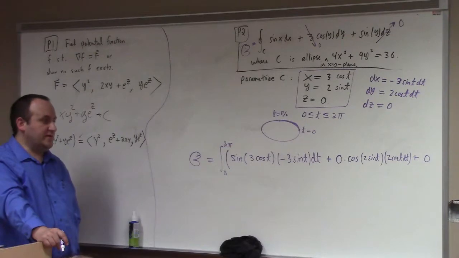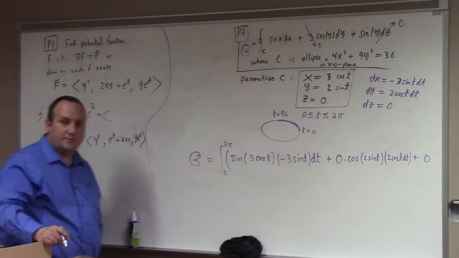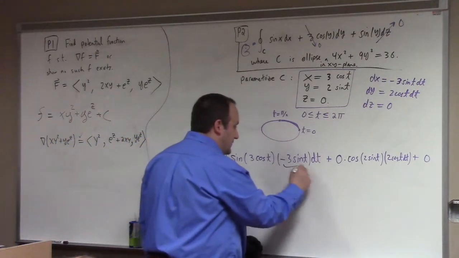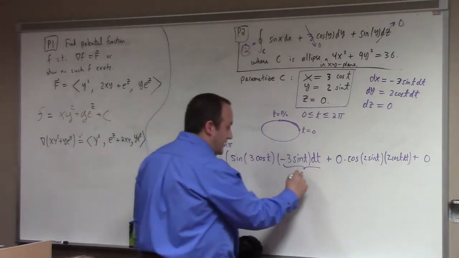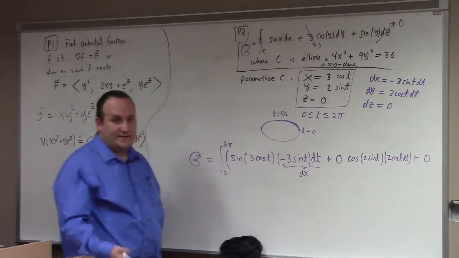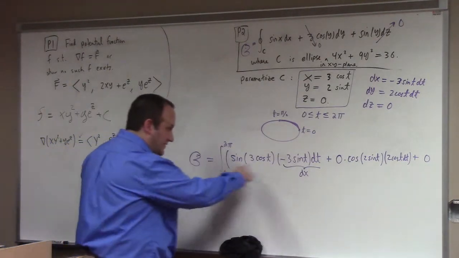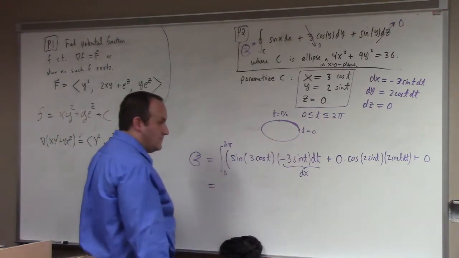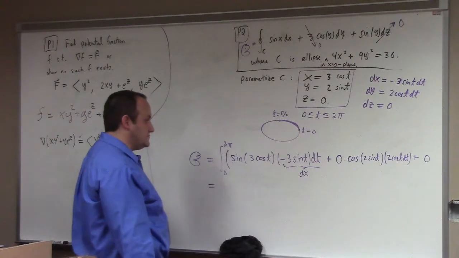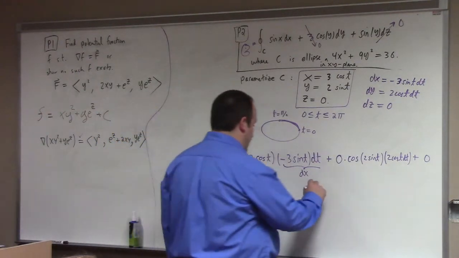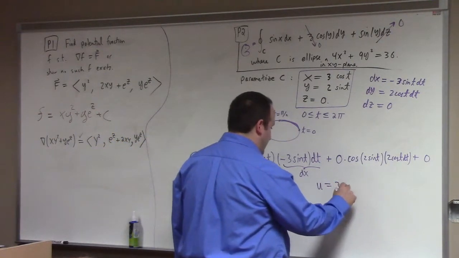Now, what you guys were missing and what I erased was this very important term which comes from the dx. Without that, yes, the integral is very scary. In fact, I don't think I can do it. But with this, we make a u substitution. I think we can let u equal 3 cosine t.